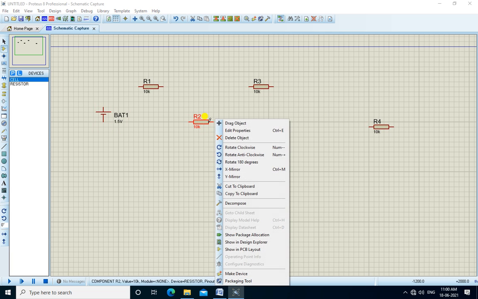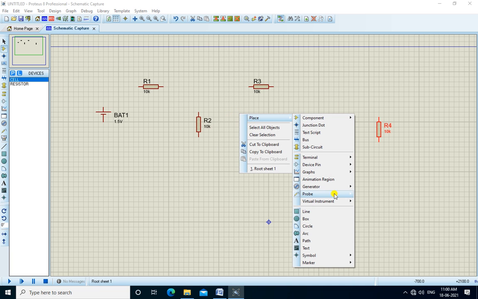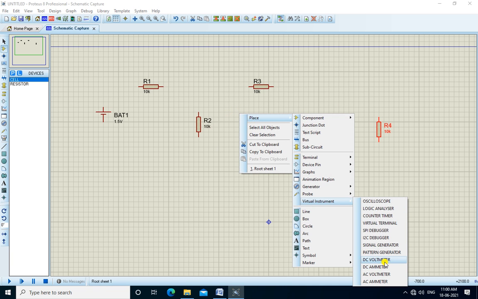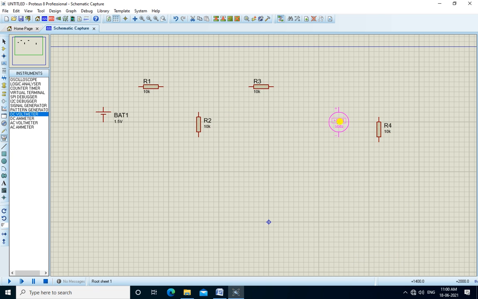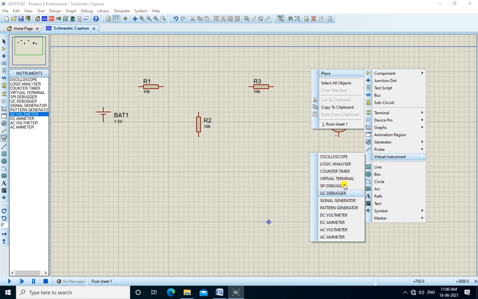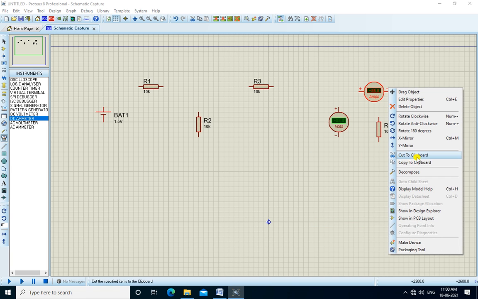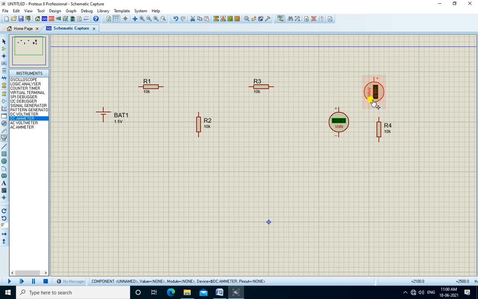Now we rotate R2 and RL. We require a DC voltmeter to measure VL, and a DC ammeter to measure the current IL. I rotate this ammeter.